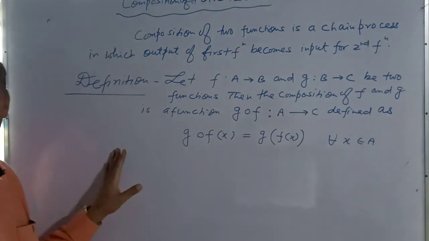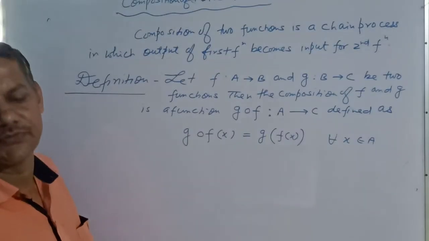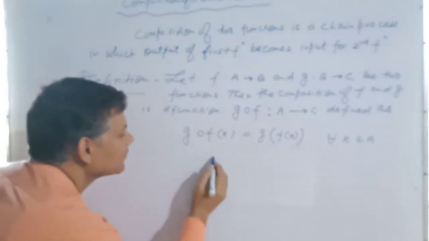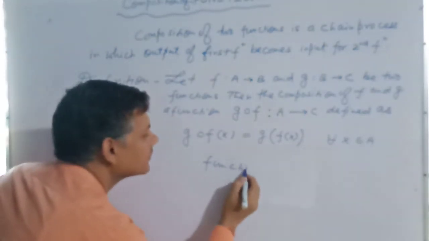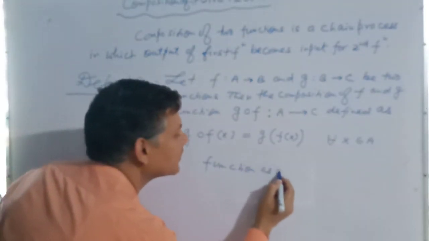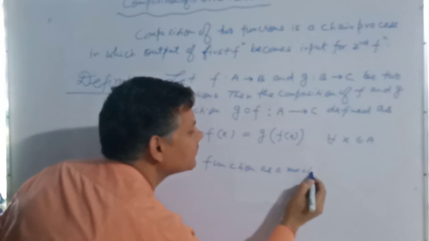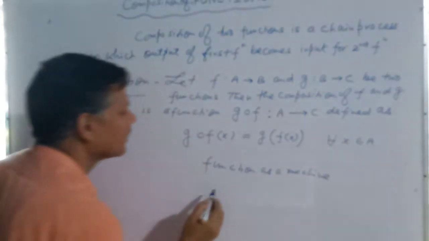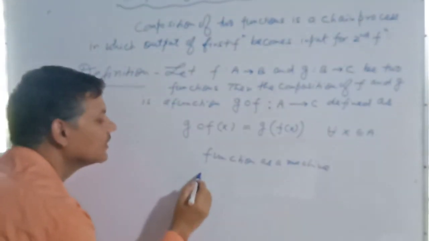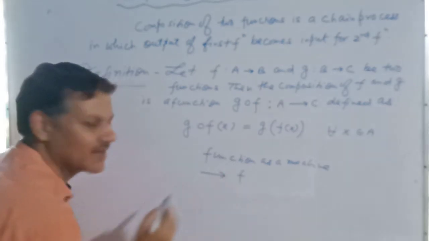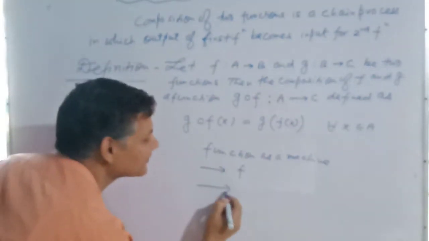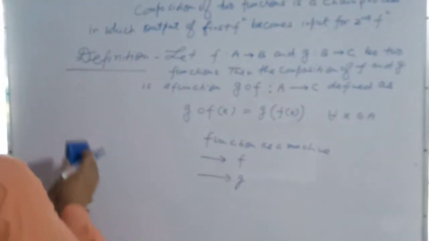Now if we think of a function as a machine, then one machine is for function f and the other machine is function g. Then how do we combine them?